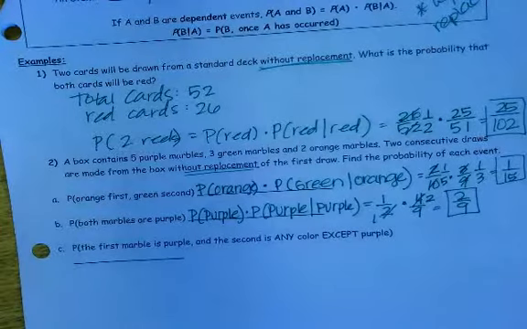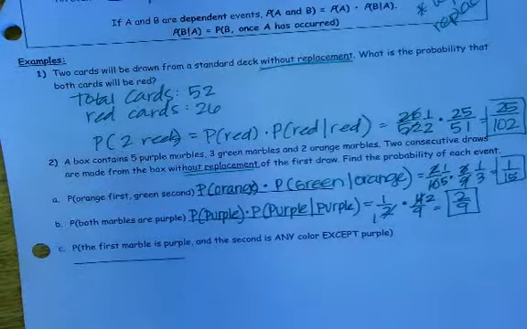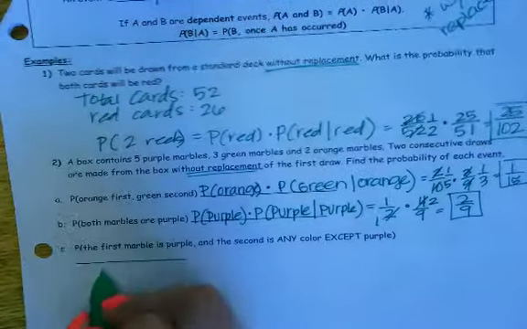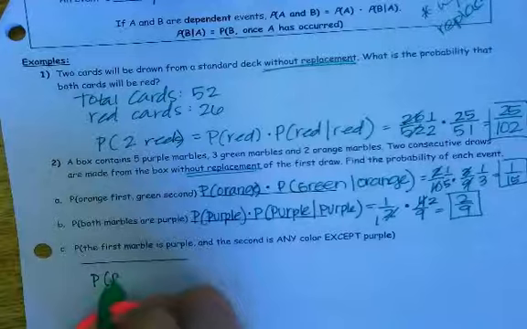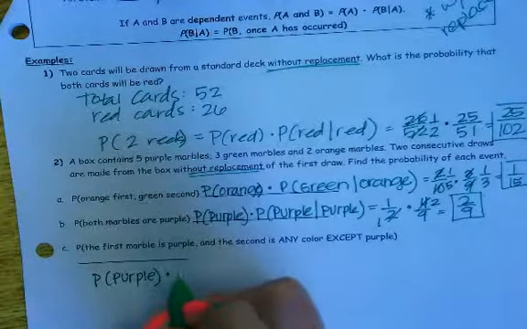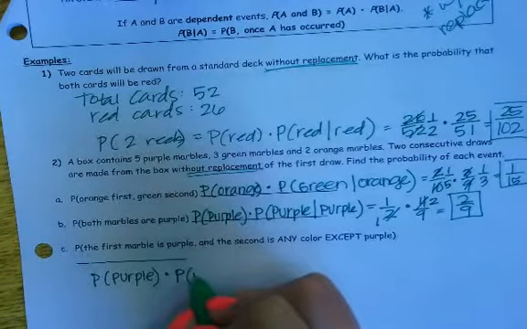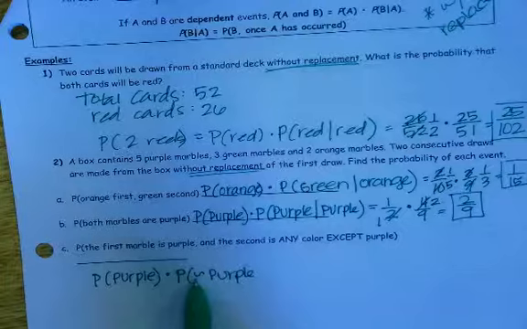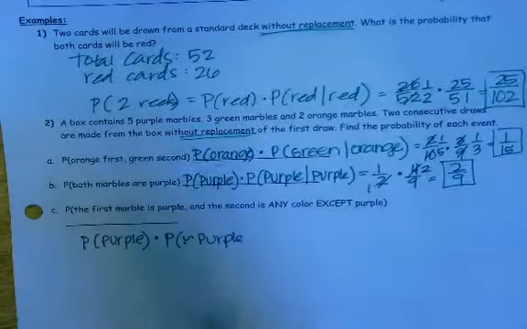Letter C, the probability that the first marble is purple, and the second is any color except purple. So you have probability of purple times the probability of not purple, which is the same thing as this little sign here, if you want to write that. Just not purple given purple.